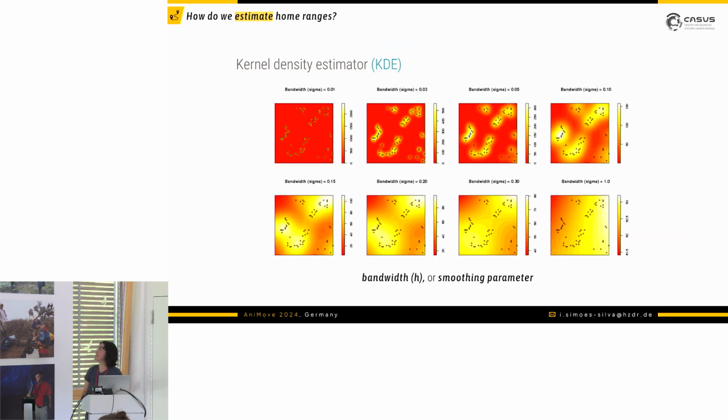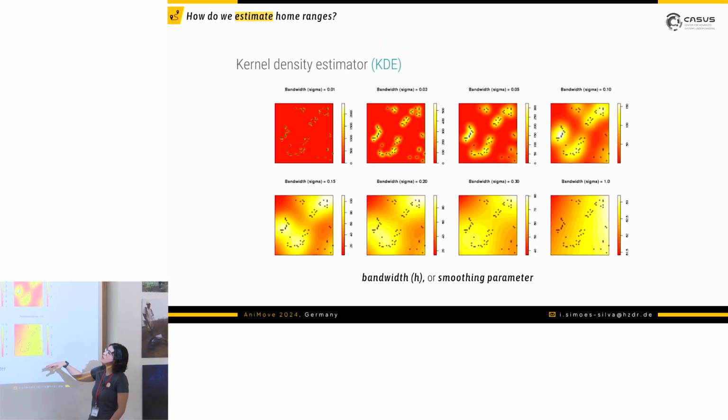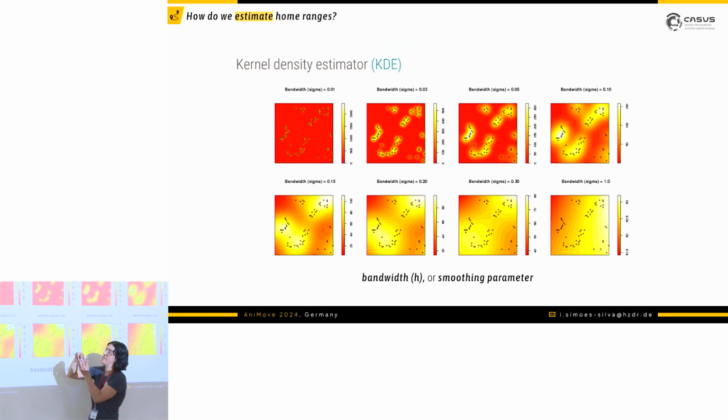As we can see, this H value has a big influence on the probability, the intensity of use, right? So if you start looking at different bandwidth values, going from very small to very large comparatively, you can see that it can change very quickly the intensity of use of a certain area, right? So here, it's staying very closely, tightly connected to the location.